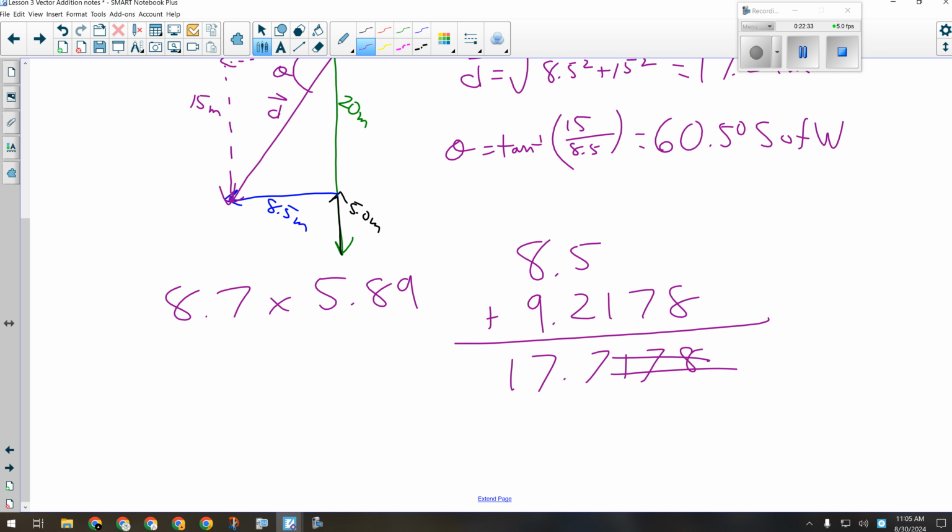Leading zeros are not. So difference here, 8.70. Would I bother to write that 0 if I didn't measure it? Right? If I wasn't certain of that 0, I wouldn't have written it there. That means I measured it. That number is significant. How many significant digits in that number? 2. Okay? Why?